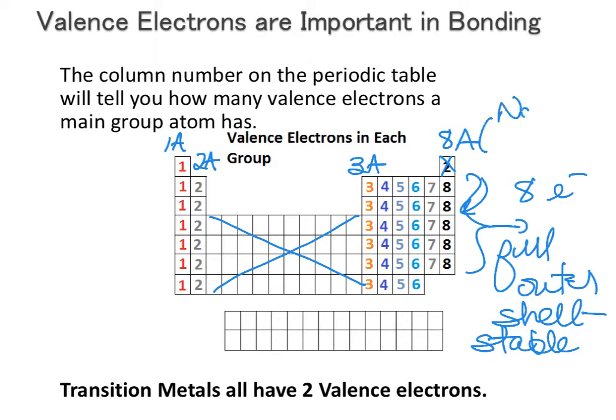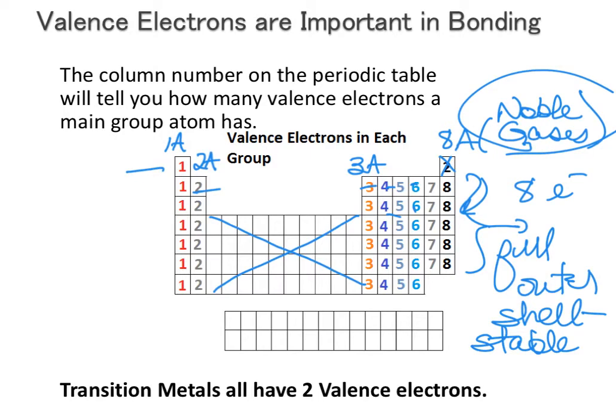In other words, you will notice that in most chemical reactions, the atoms that do not have a full outer shell, that's everything but the noble gases, right, will react in a chemical equation to get them to have a full outer shell, or 8 valence electrons. And that'll help you understand a lot of chemical bonding too.